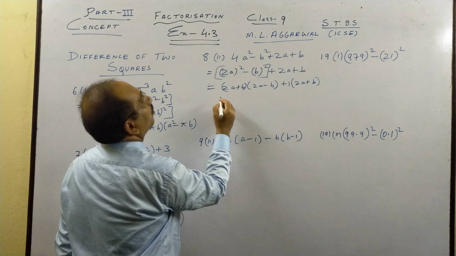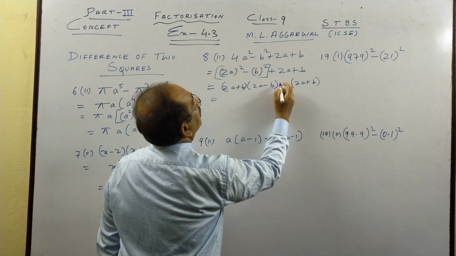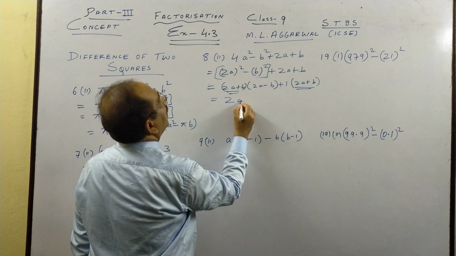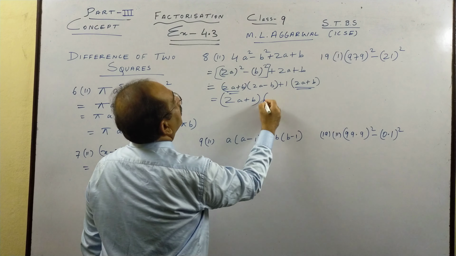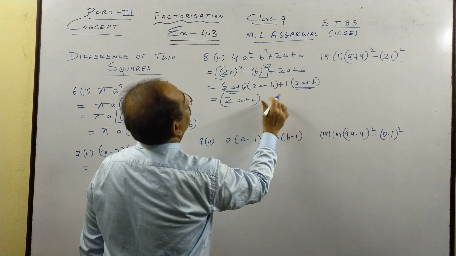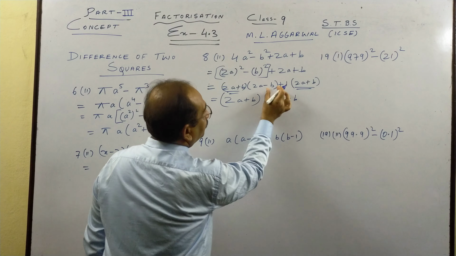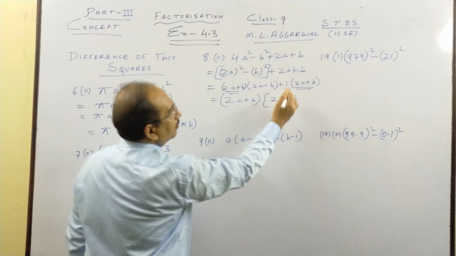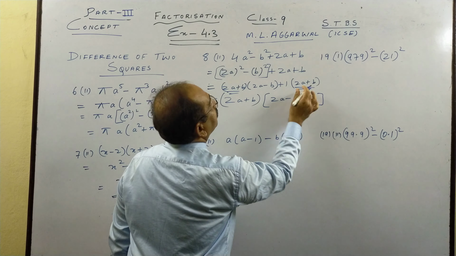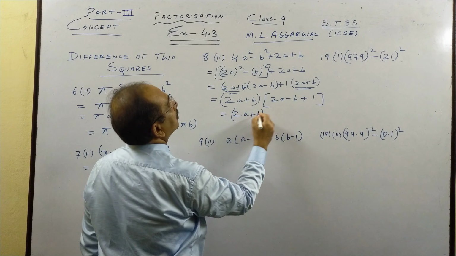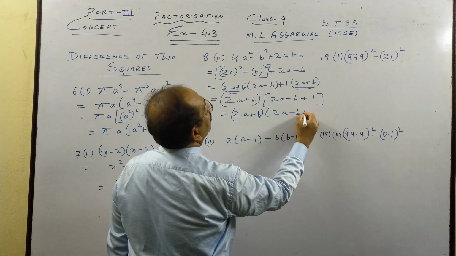You can always take out 1 common. Very important thing here, children. So this is common, you see. I take out this. Then if I take out this, here 2a minus b is left. This I take out, this comes plus 1, because here I have taken this out. So finally my answer is (2a minus b)(2a plus b plus 1).